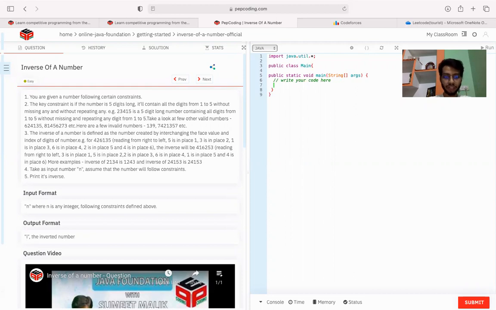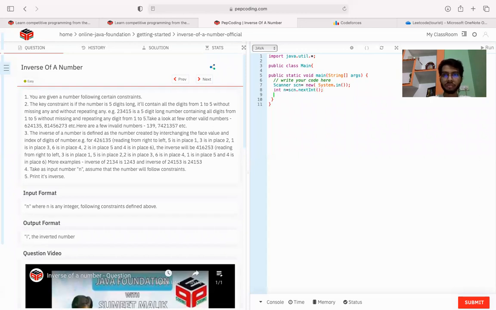I need to define the Scanner class: Scanner scn equals new Scanner System.in. In the next part, I need to take input for n with scn.nextInt.